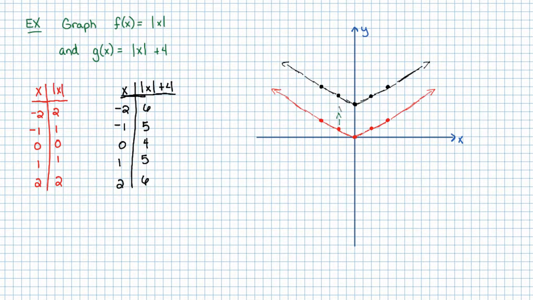So you see we've moved this point up 4 units, this point up 4 units, that point up 4 units. All the y values have been shifted up 4 units. And the same thing could be said if there was a subtraction there. If it was a -3, it would take the original graph and move things down 3 units.